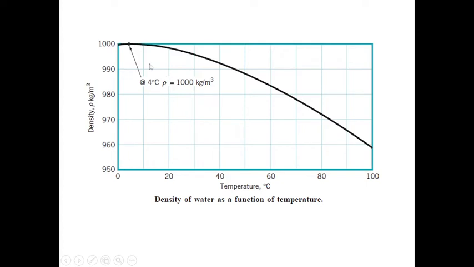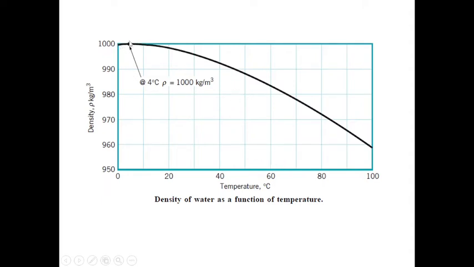An increase in temperature, habang yung temperatura ay nag-i-increase, nagkakaroon ng pagbabago sa density ng tubig. Bumababa yung kanyang density. Ibig sabihin niyan, nagiging magaan siya habang tumataas yung temperature, kada cubic meter.